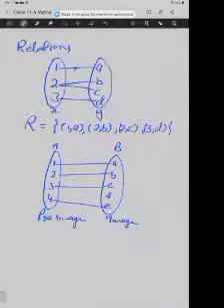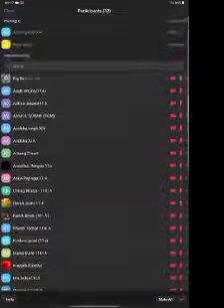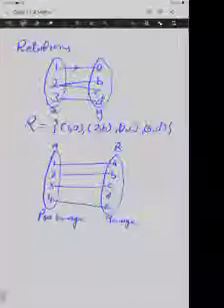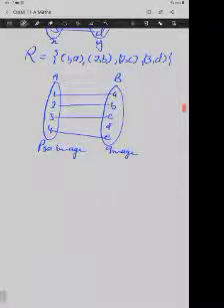Now our next task is to understand the terms domain, range, and codomain.